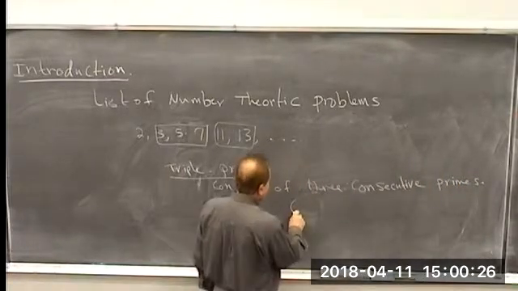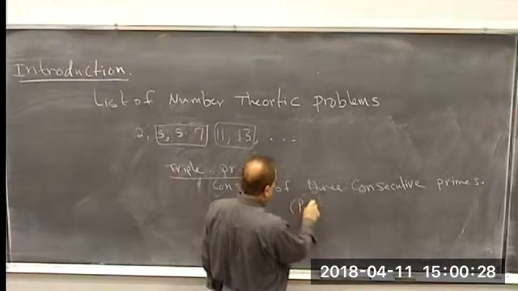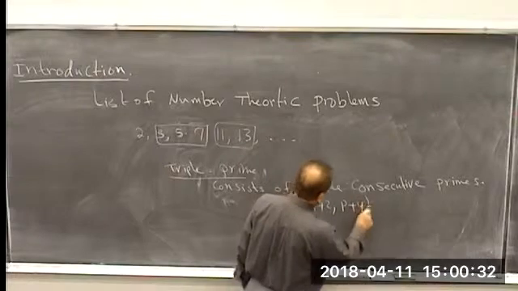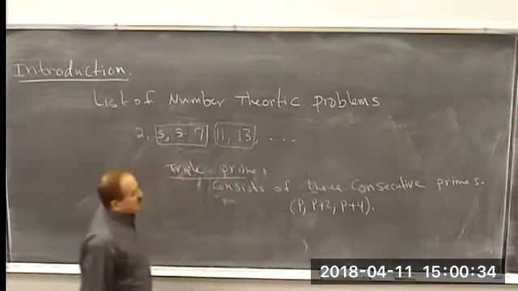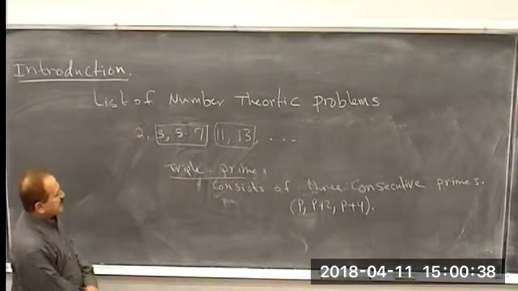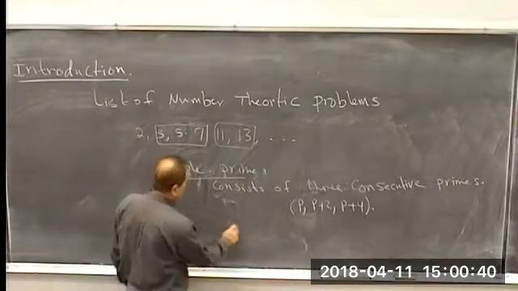So they're going to look like this: P, which is a prime, P plus 2, and P plus 4. The question is, are there infinitely many triple primes?